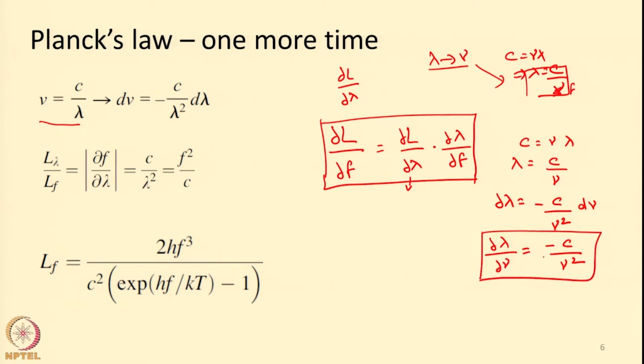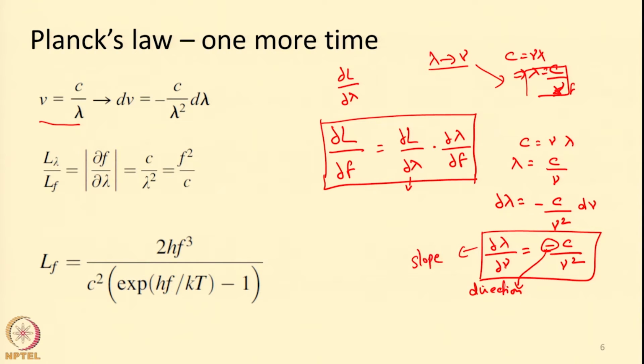So, this is done. This is actually a negative expression, where the negative sign represents the direction in which lambda will change with change in frequency, that is, as frequency increases lambda will decrease and vice versa. So, this negative is an indication of direction. The derivative is mathematically a slope, so normally we attach the concept of derivative with slope, that is, in which direction this variable will change.